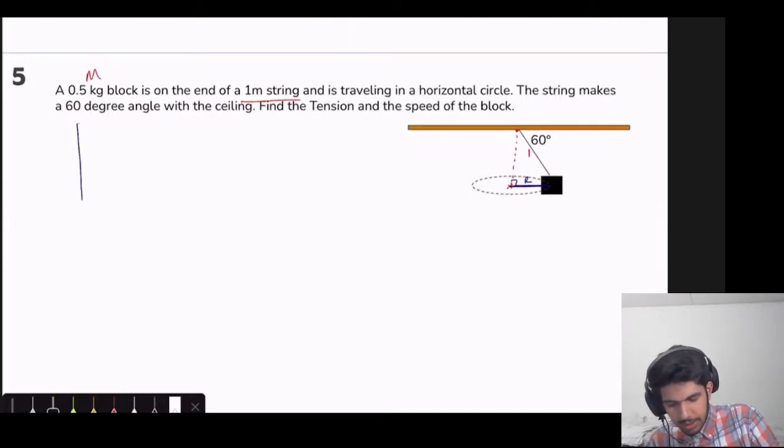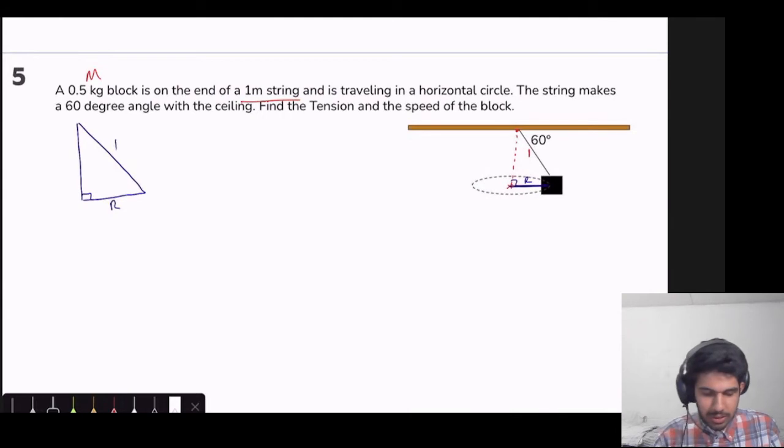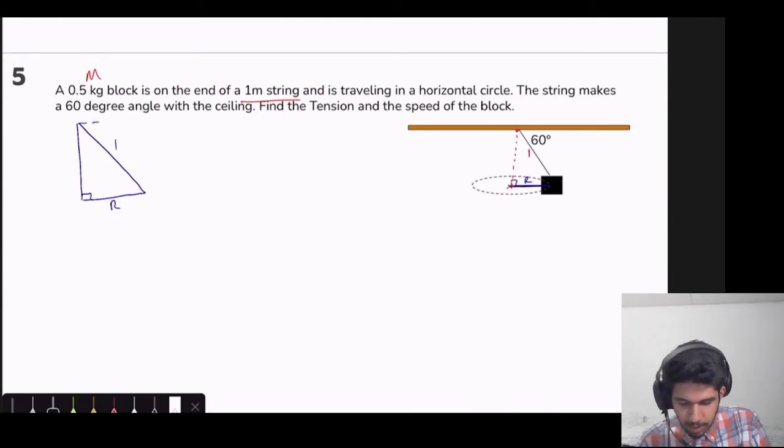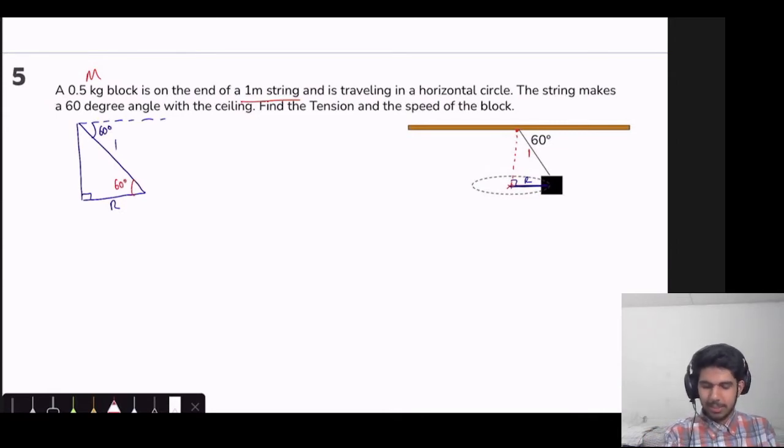So let's draw it. We have this right angle, we want R, we're given that the string's length is 1, and we're also given that this angle here is 60 degrees. So that tells us that this angle in red is 60 degrees.